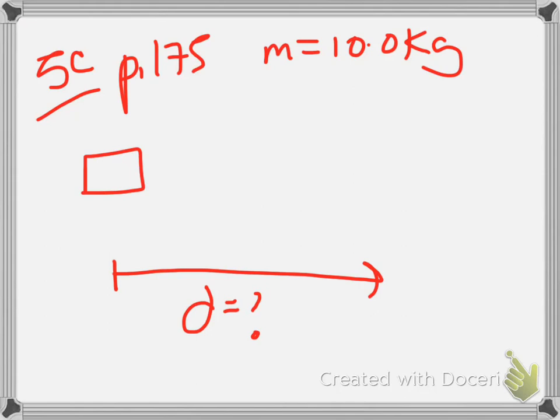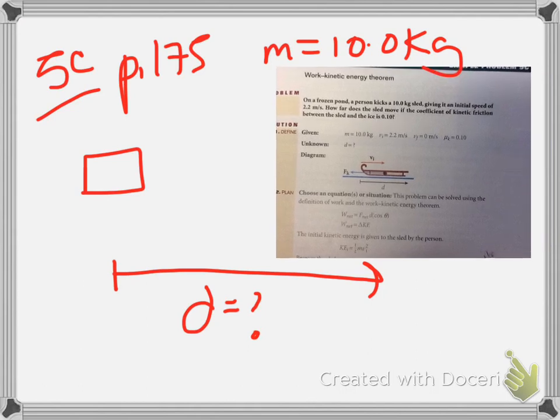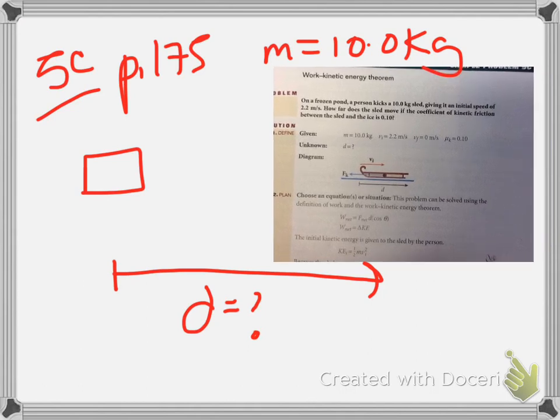On this frozen pond, there's a 10 kilogram sled. Somebody kicks it, and that gives it an initial velocity of 2.2 meters per second. I'll just go ahead and photograph this. What we want to know is how far does the sled move if the coefficient of kinetic friction between the sled and the ice is 0.10.